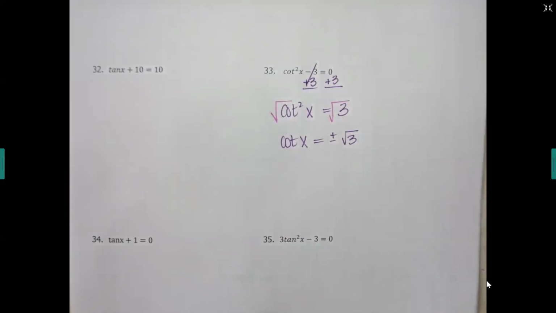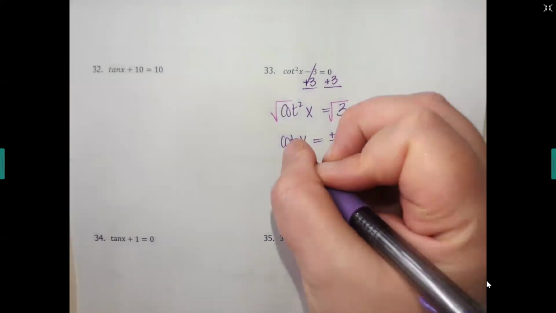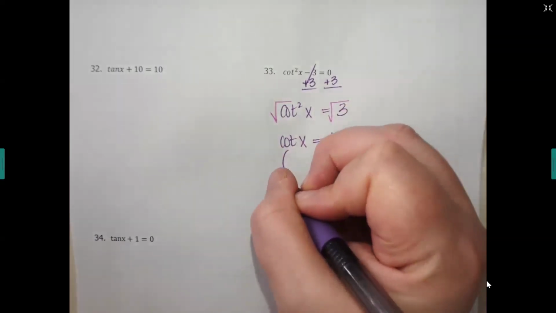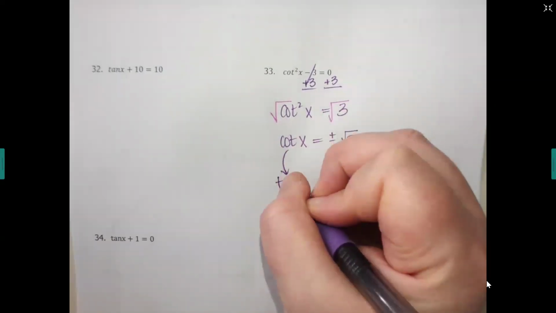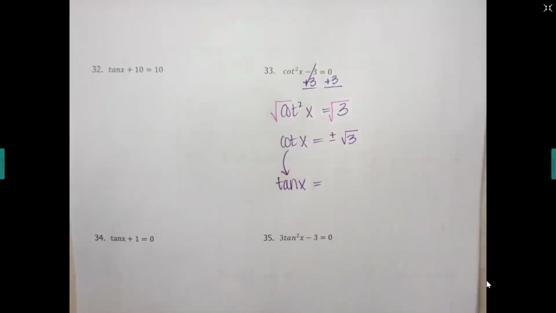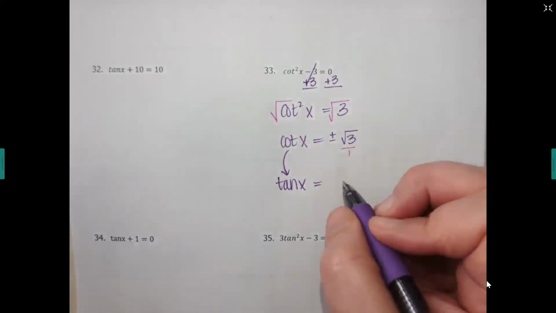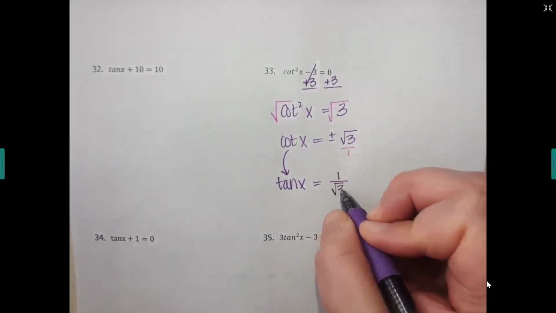I don't have cotan around the edges, but I do have tan. So what do I need to do on both sides? Cotan flips back to what? Tan. And then my root 3, I'm going to have to put it over 1 so that I have something to flip it with. So root 3 over 1 will go to 1 over root 3.